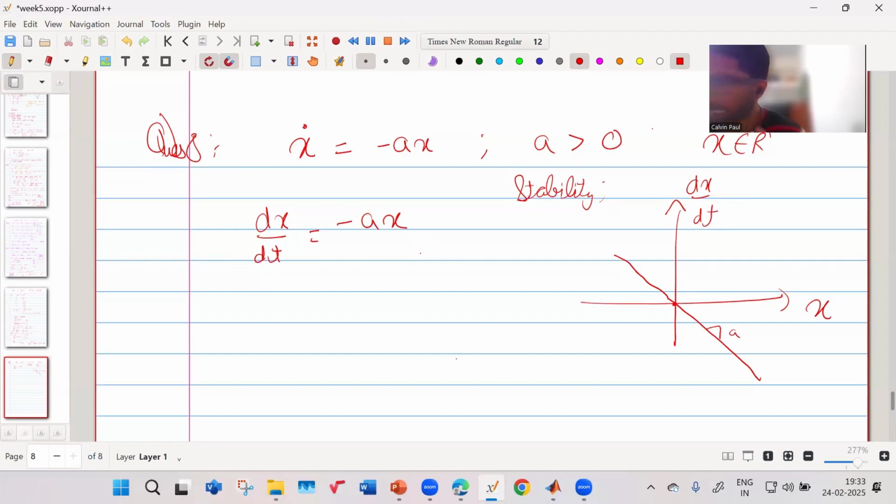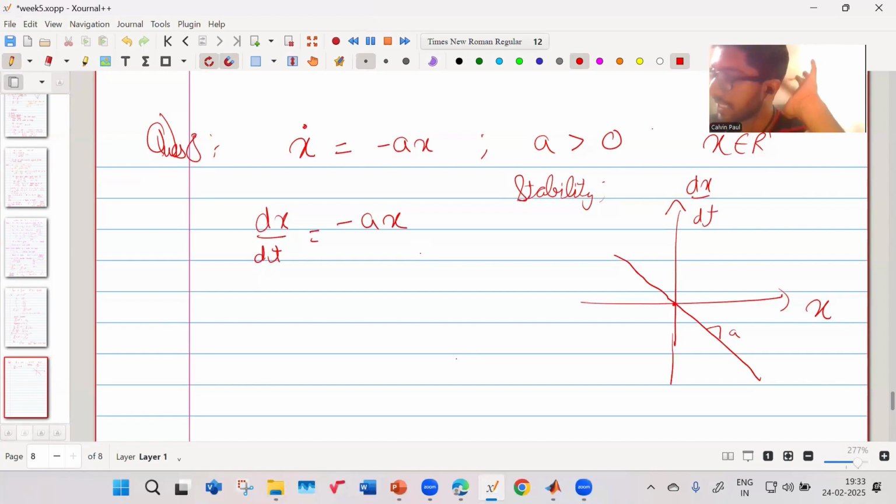I want you to think physically: what is the insight you will get if you look at this? I had studied this in nonlinear control, but I forgot the term for this.